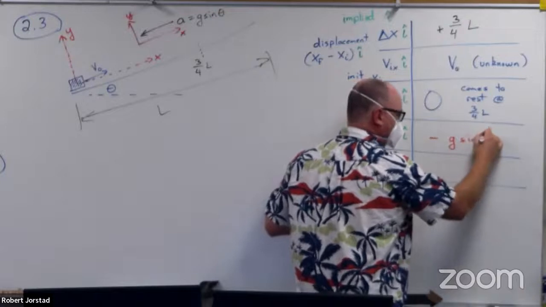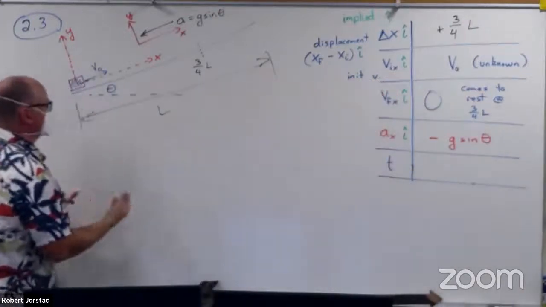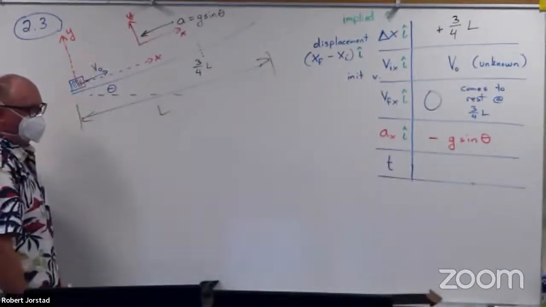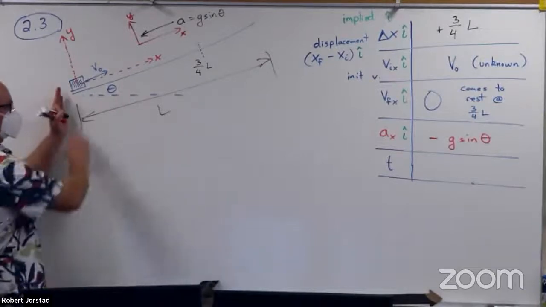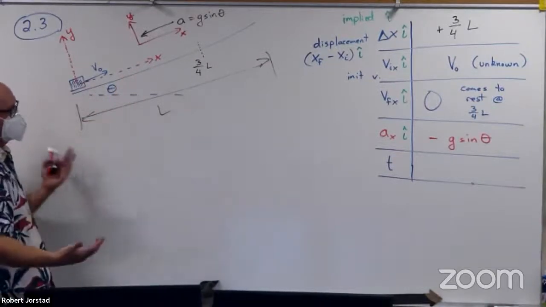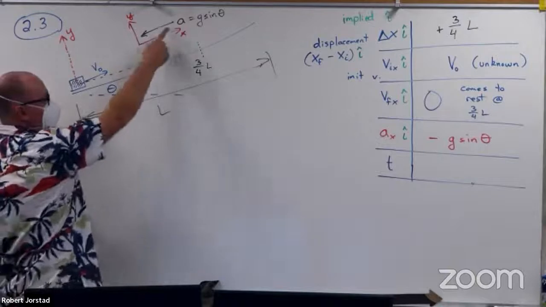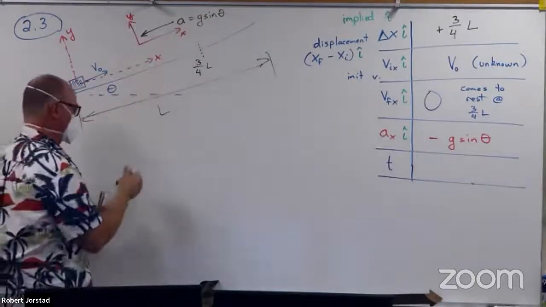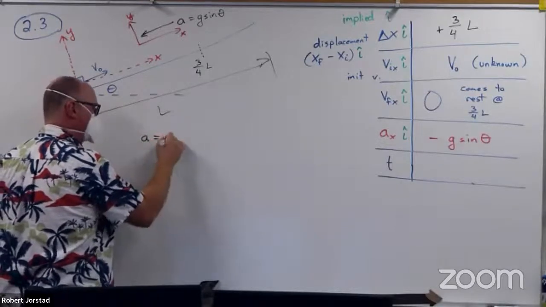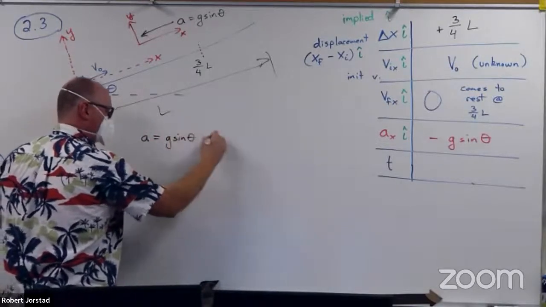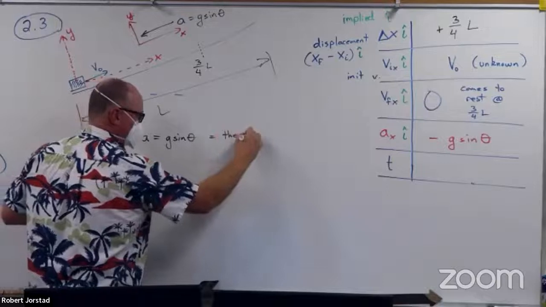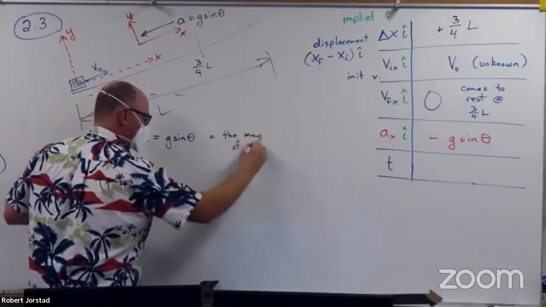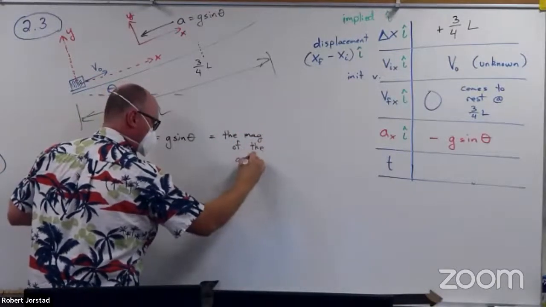No, just every different problem. For me, when I drew this problem, it just seemed like up the ramp was a good way to call positive because it started here and it's going that way. When we do that, it makes sense to call a negative g sine theta. So notice this a, just to be clear, is the magnitude of the acceleration.